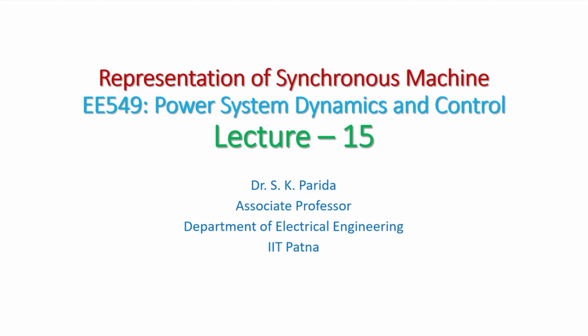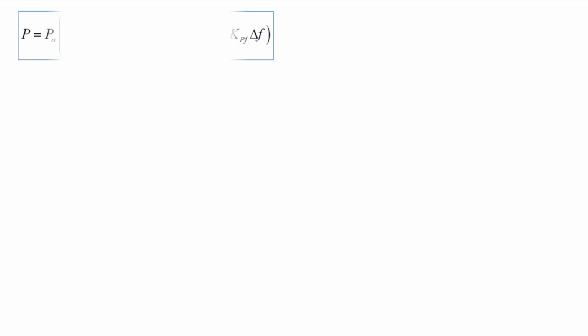So it is essential to find the terminal conditions, and for that we need to do the steady state analysis. If we know the voltage and current at the terminal, we can find the interaction of these machines considering those terminal conditions.